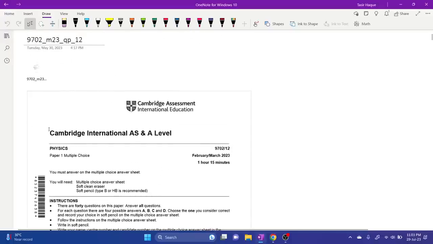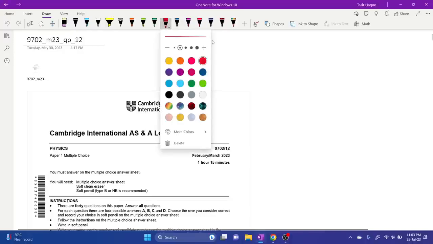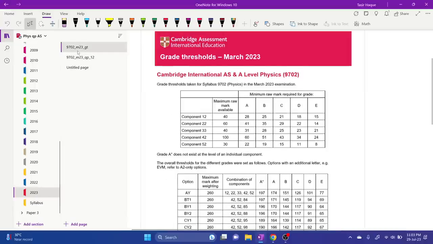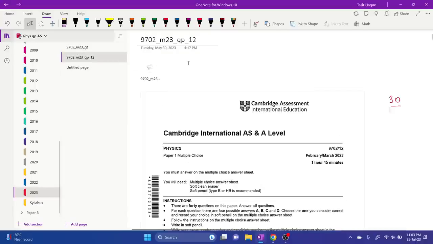Before we begin, I'd like to talk about the threshold. For this paper, the full marks is 30, we do know that. So A star, sorry, it is 40, my bad, it's 40.